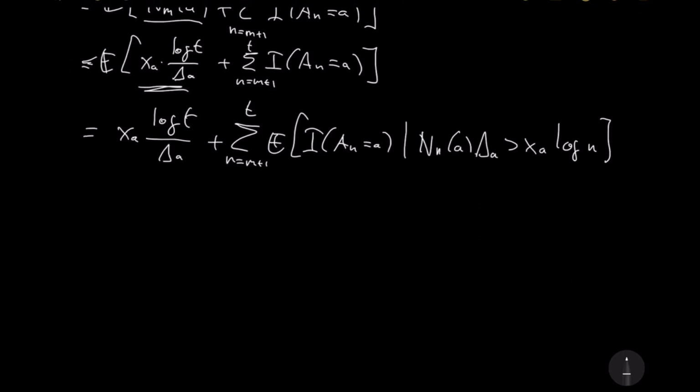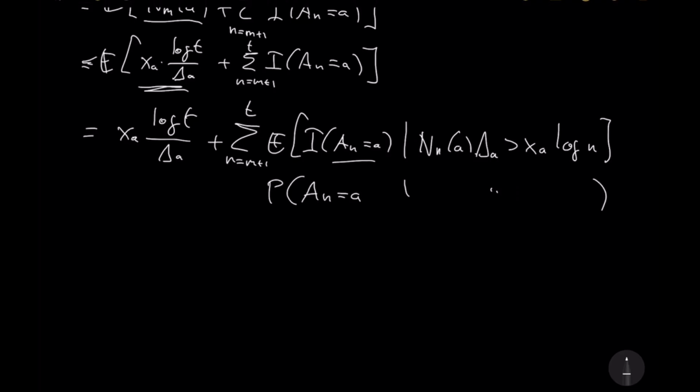But note that here we actually have the expectation of an indicator of an event. The expectation of an indicator is the same as the probability of that event. So we can write this thing inside the summation as a probability.